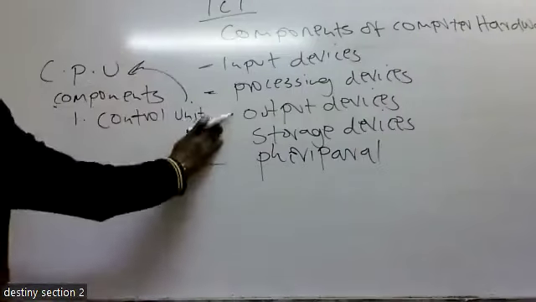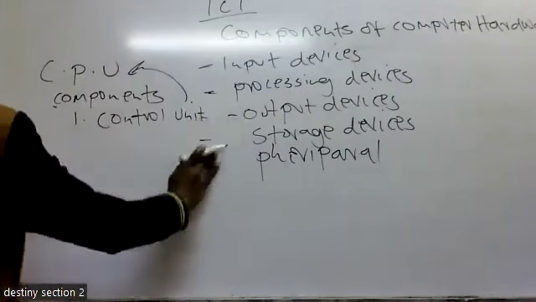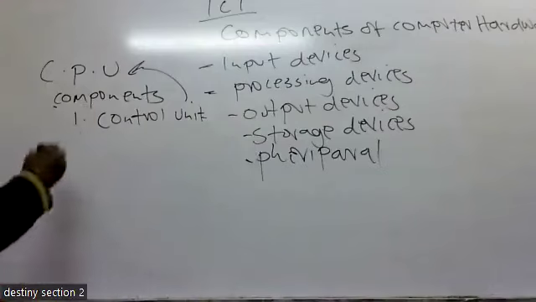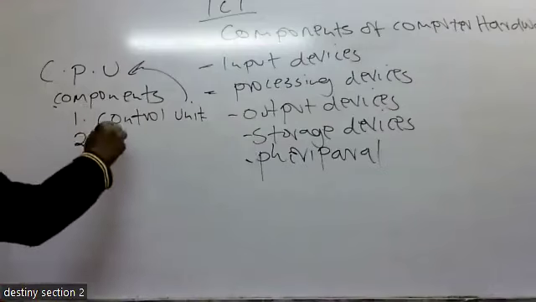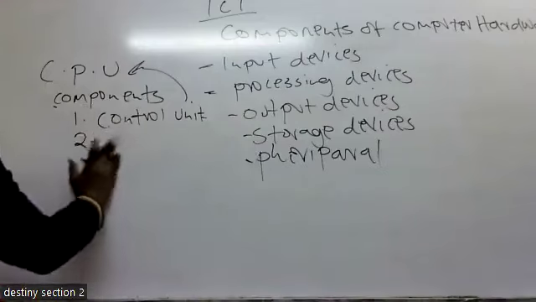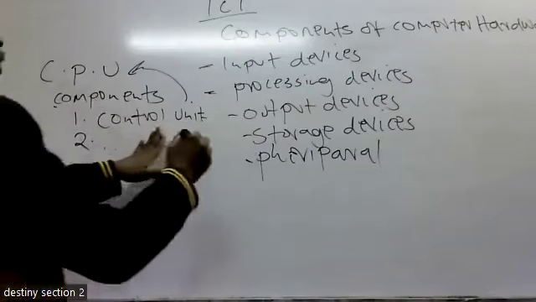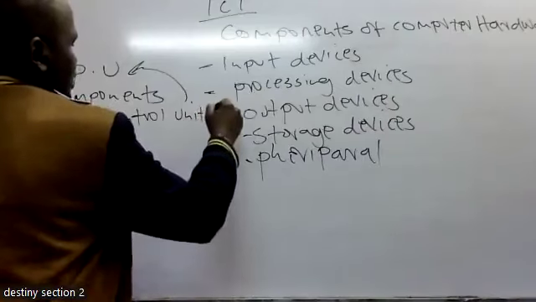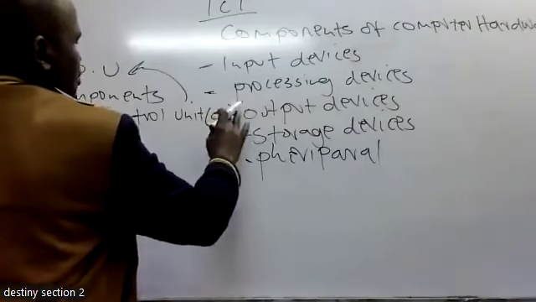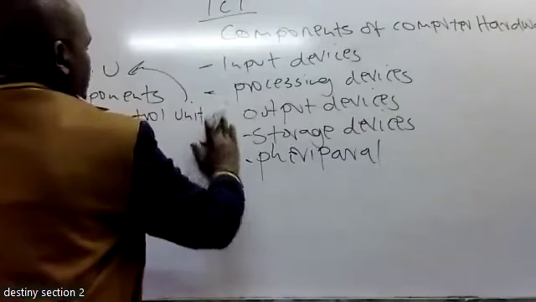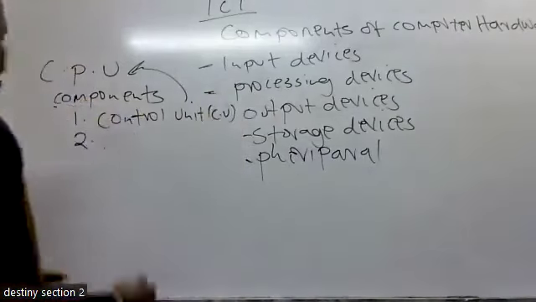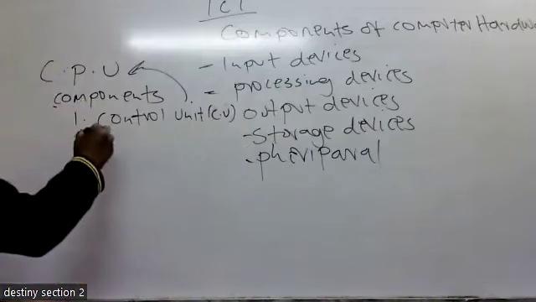Apart from the control unit, we have also the ALU. So we have the control unit, in brackets CU.